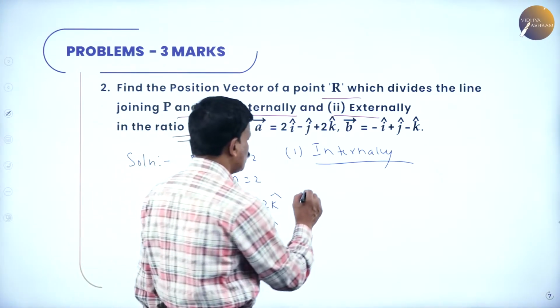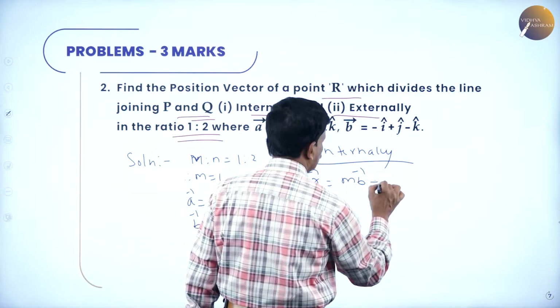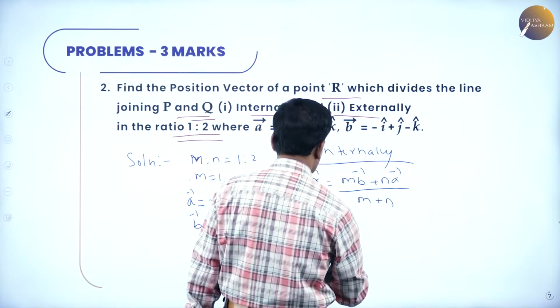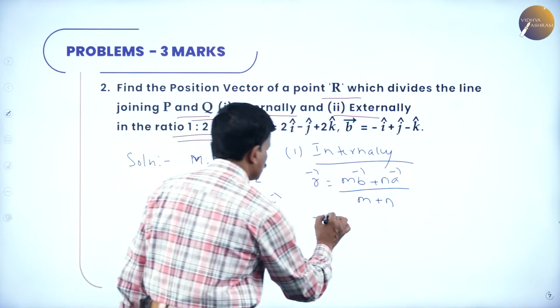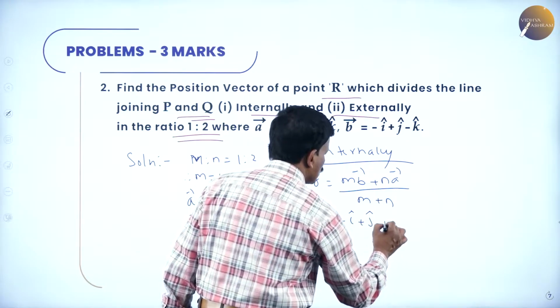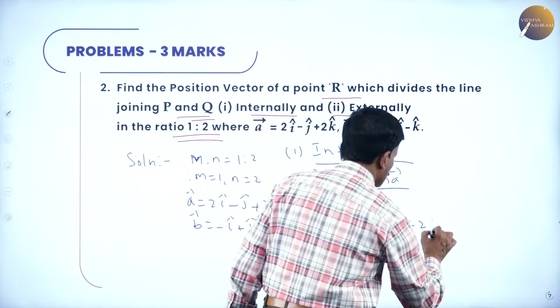Internal division is given by vector r is equal to m into vector b plus n into vector a divided by m plus n. What is m? m is 1 into vector b, minus i plus j minus k, plus n, n is 2 into vector a.